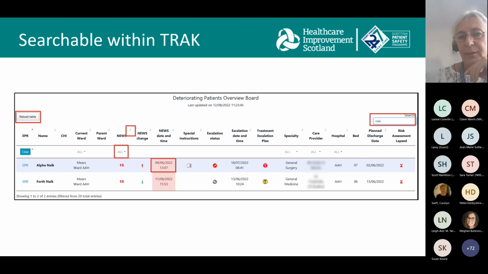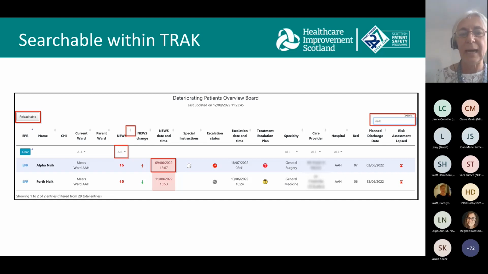And we can search for individual patients or individual specialties or consultants within this. And from this oversight board, just clicking on the patient's name will take you back to their EPR, and clicking on the news score will take us straight to that news chart within the electronic patient record.